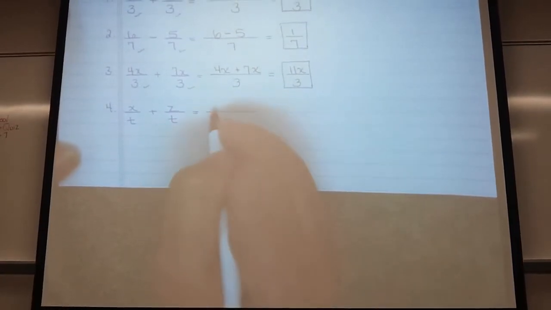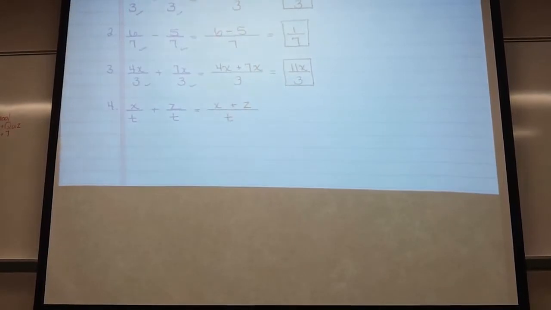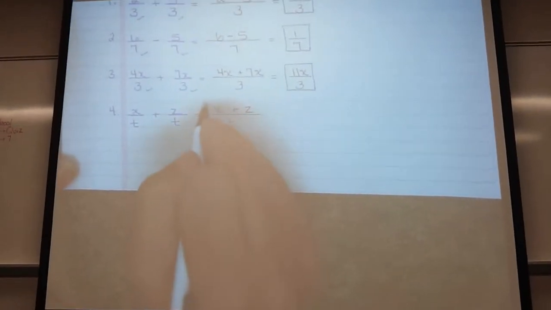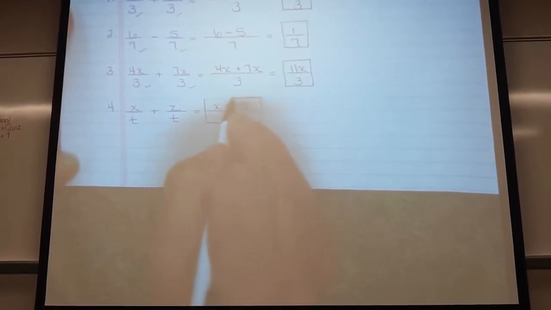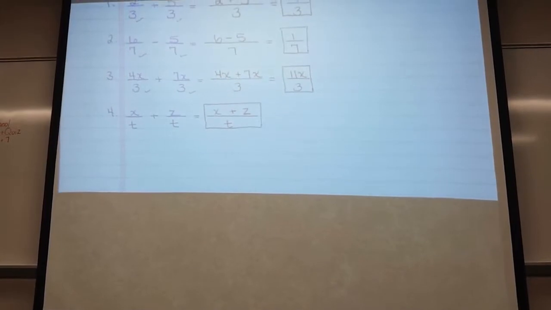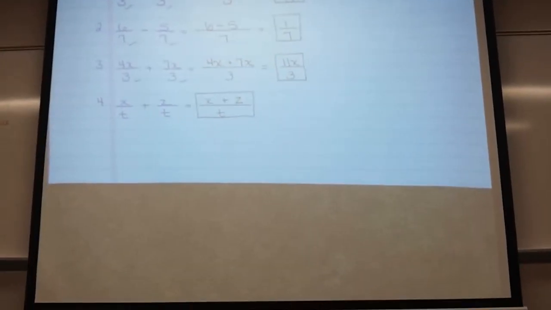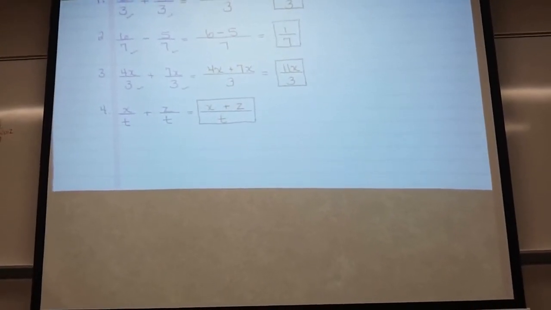Squish your tops together, so it's going to be x plus z. Can you combine those two letters? No. That's as far as you can go. You cannot combine an x and a z. Do not say it's xz. That's not what it is. It's x plus z. They represent two different numbers. We don't know what they are.